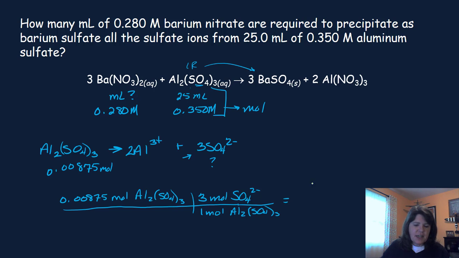So the amount of sulfate ions I end up with is 0.0263 moles of sulfate ions. Those are all of the ions that I need to use up in this reaction.